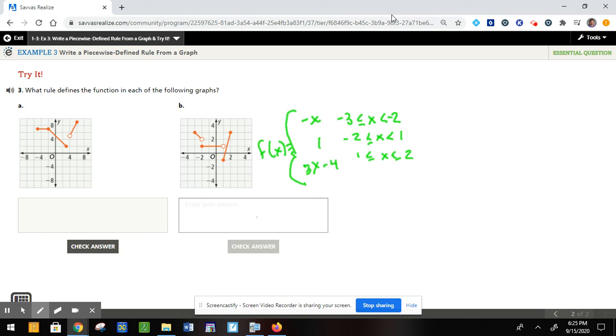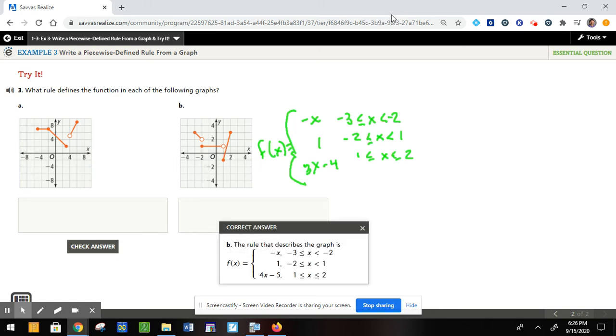So let's see how bad I did. Okay. So the first part is f of x equals negative x with domain that looks good. f of x equals 1, domain that matches. Apparently I can't count. All right. So this one is not 3.